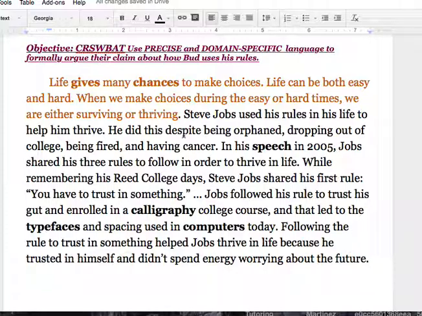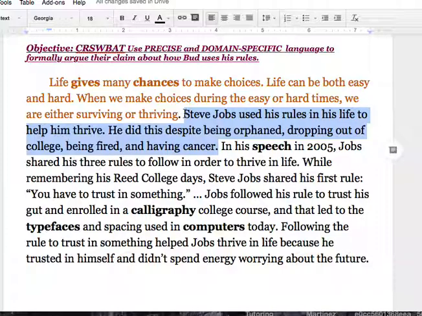Continuing to read. Steve Jobs used his rules in his life to help him thrive. He did this despite being orphaned, dropping out of college, being fired, and having cancer. Here in these two sentences, they introduce the speaker, which is Steve Jobs, and they give us a brief one-sentence summary of what he talks about in his speech.